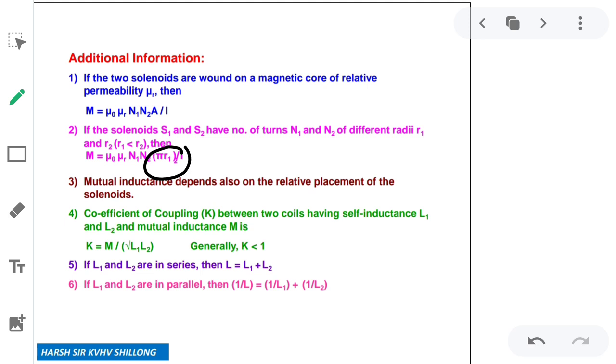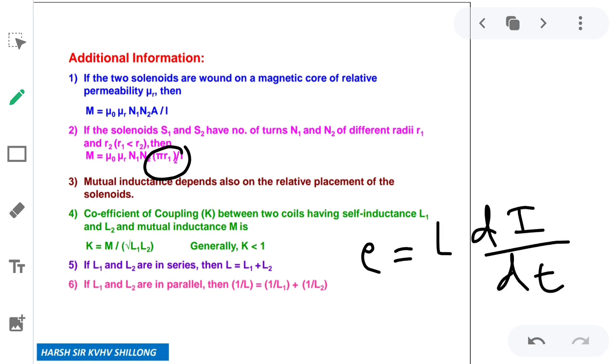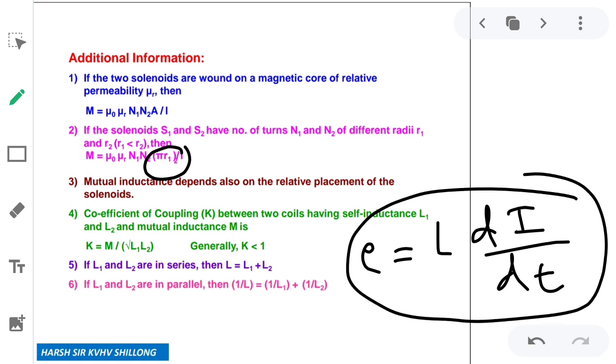K is equal to M by root L1 L2. If L1 and L2 are in series, then this is the formula. If they're in parallel, it is similar to resistances. For series, you can prove it easily using the formula E is equal to L di by dt. This formula can be used easily to prove the series and parallel combinations. You know, in series the current is the same and in parallel the voltage is the same.